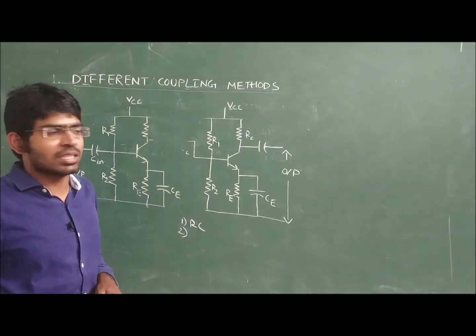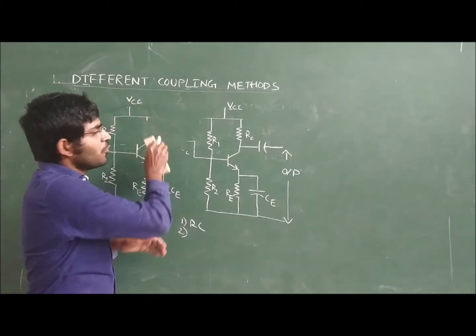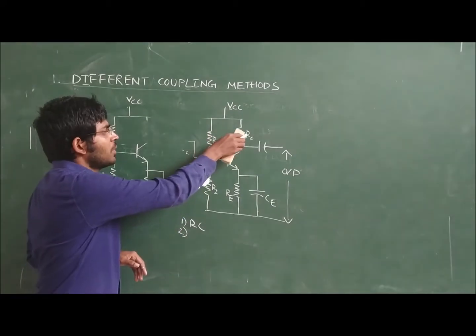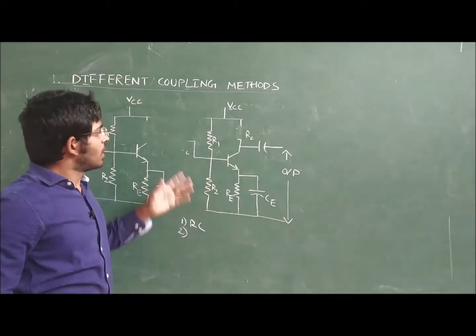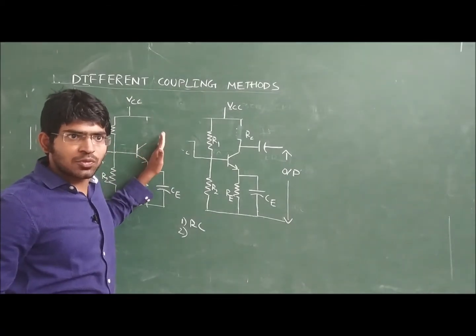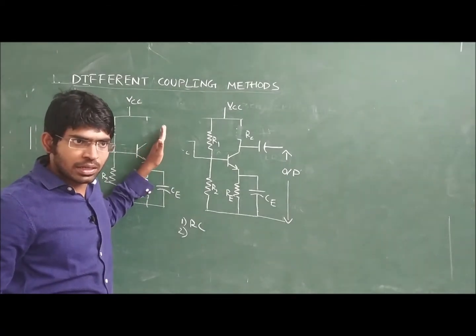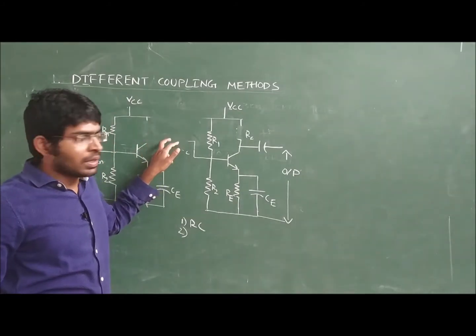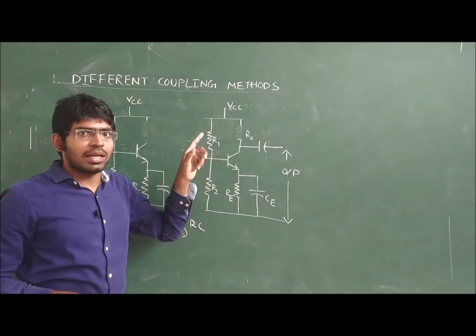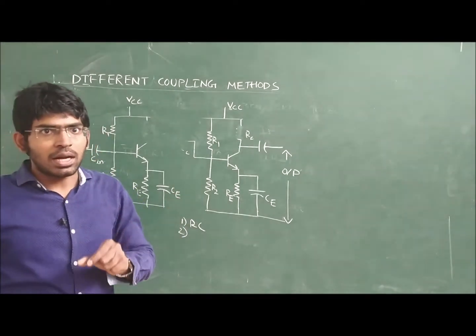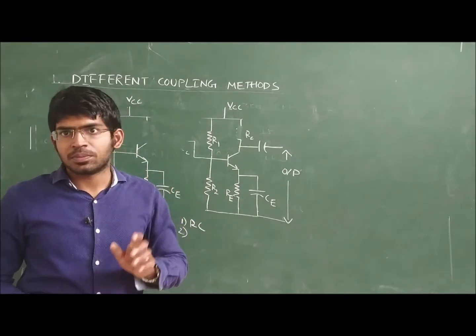Instead, we use one transformer. The primary winding of the transformer is connected across the collector of the first transistor. The secondary winding output is given to the second transistor as input. That type of coupling is called transformer coupling.